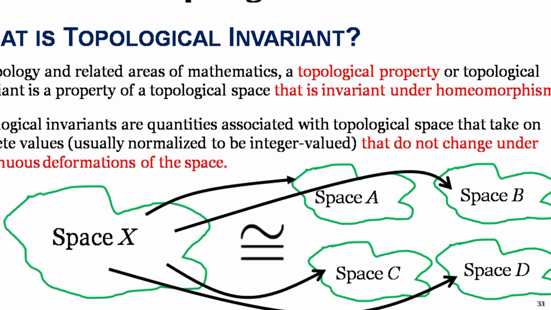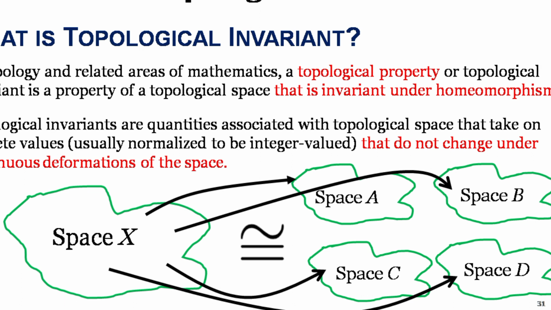So topological invariants are quantities within a topological space that take on discrete values that do not change under continuous deformations of the shape. You see this demonstration. Space X has a certain kind of property under continuous deformation.